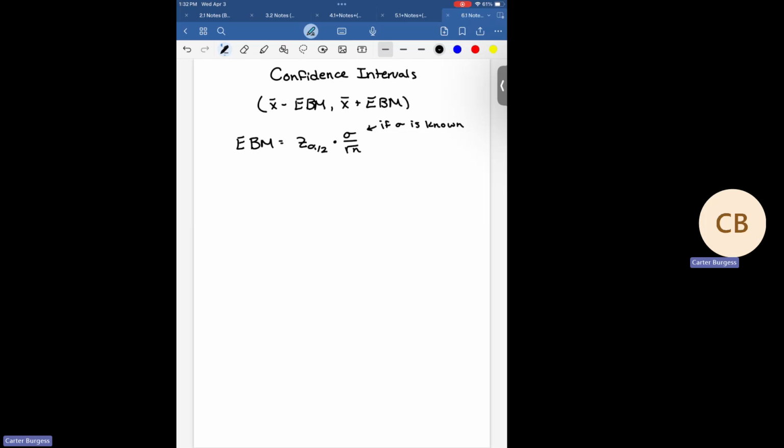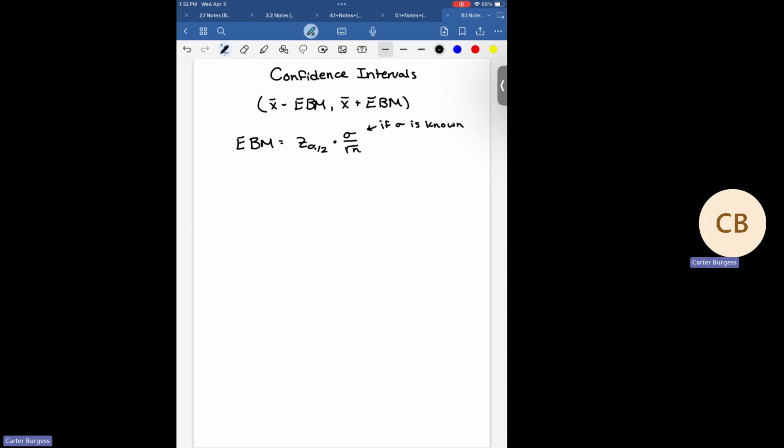But if sigma is not known, then we are going to have to do what Wesley here suggested, which is we don't know what the standard deviation is. Again, we have two different options. What happens if we are taking from a small sample size? Am I allowed to use a z-score if my n is like 15? No. If I don't know sigma and my n is small, what's our cutoff for small? 30, so anything below 30.